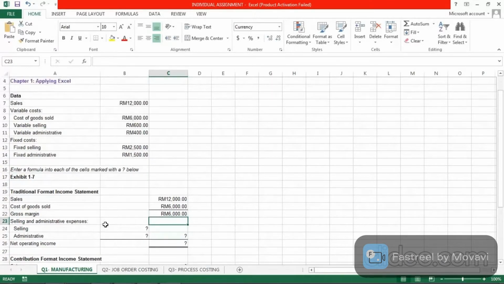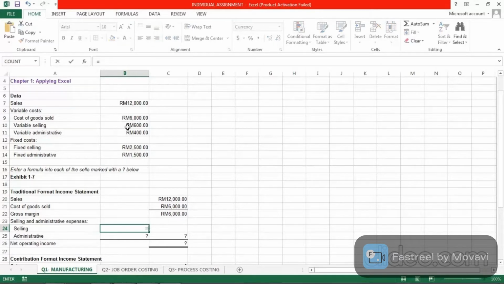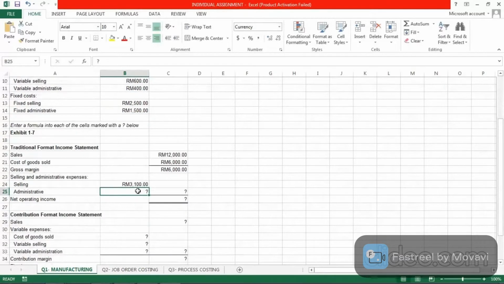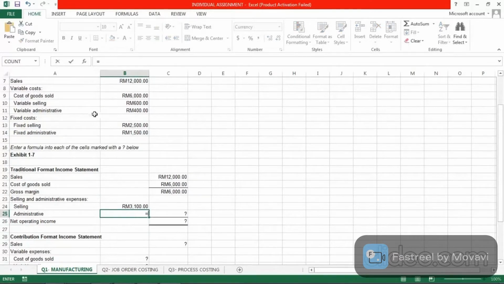For selling and administrative expenses, we do not know the total selling and total administrative, so we have to find them by adding the variable cost and fixed cost. So variable selling plus fixed selling 2,500, we get 3,500. For administrative, variable administrative plus fixed administrative 1,500, we get 1,900.